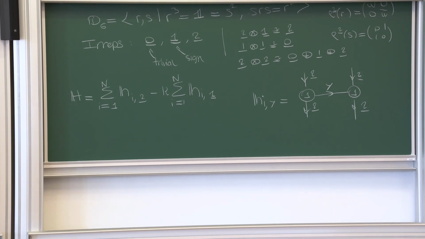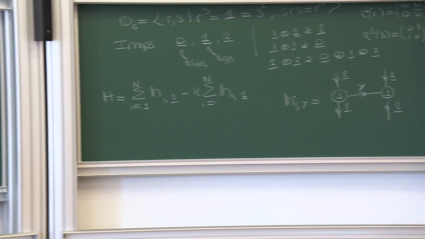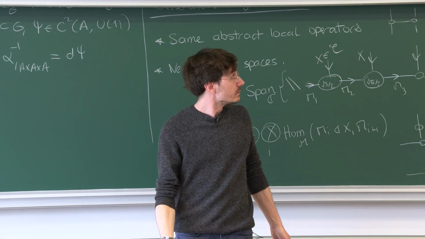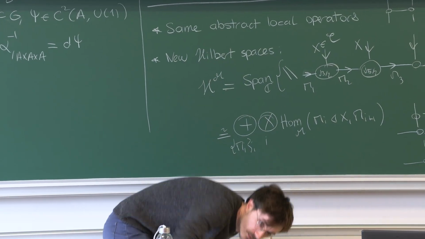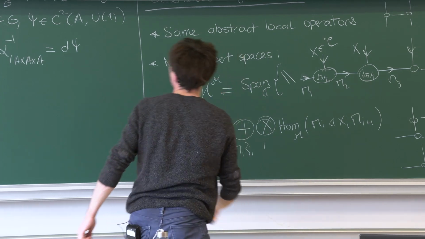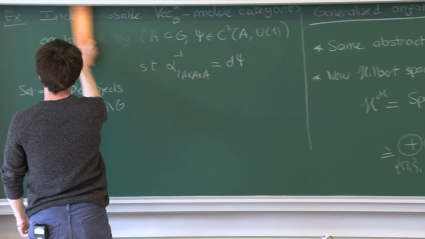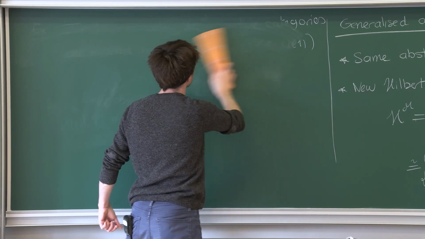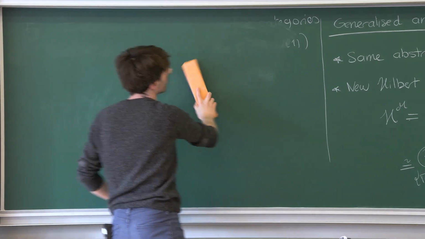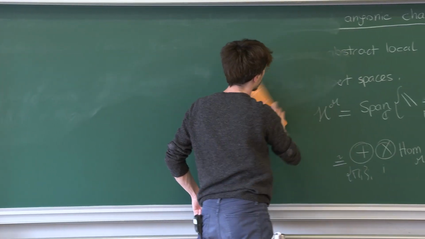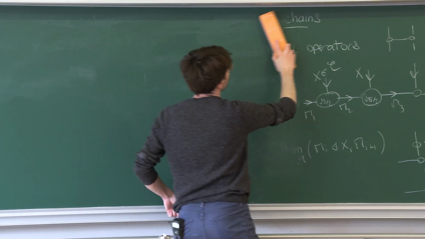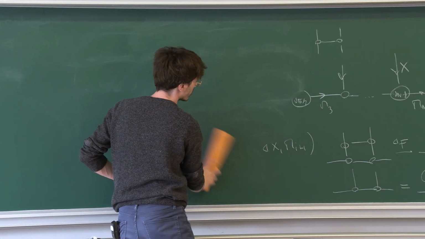Maybe I'm going to keep the diagram at the top. We know already what the indecomposable module categories over rep D6 are. They are given by the subgroups and potentially some 2-cocycles.